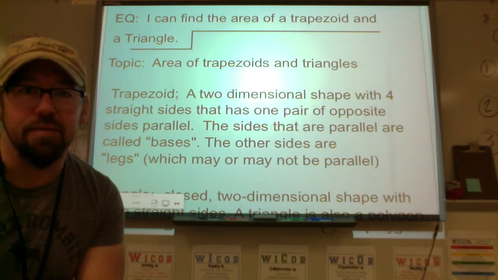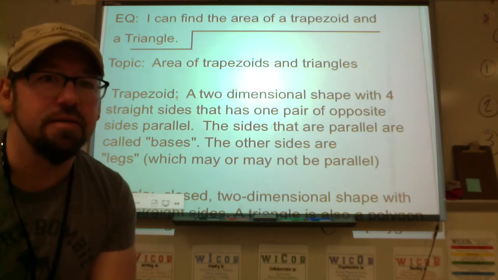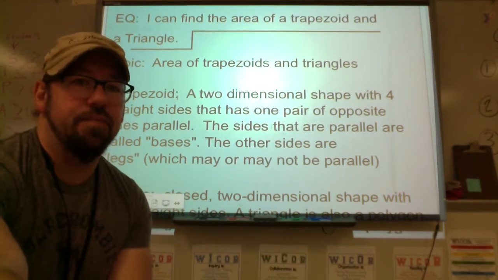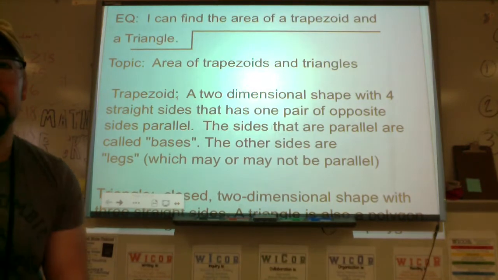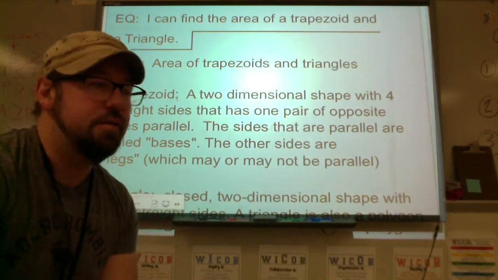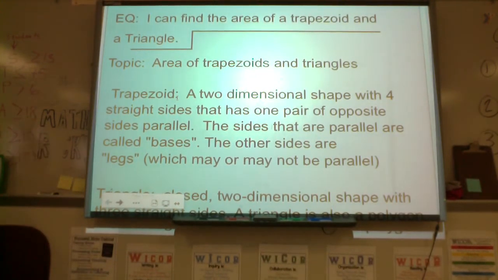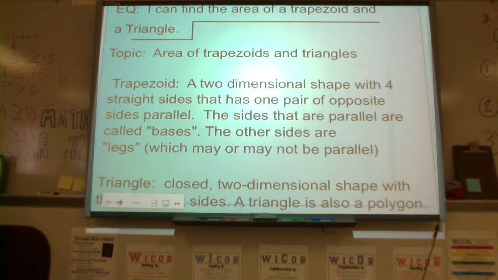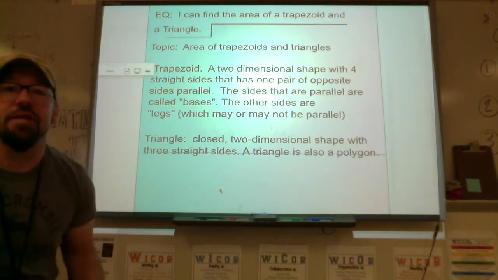The first thing I went over here is what a trapezoid is by definition. So you want to write that down. I'll quickly read that, and then you want to get down the definition of a triangle.